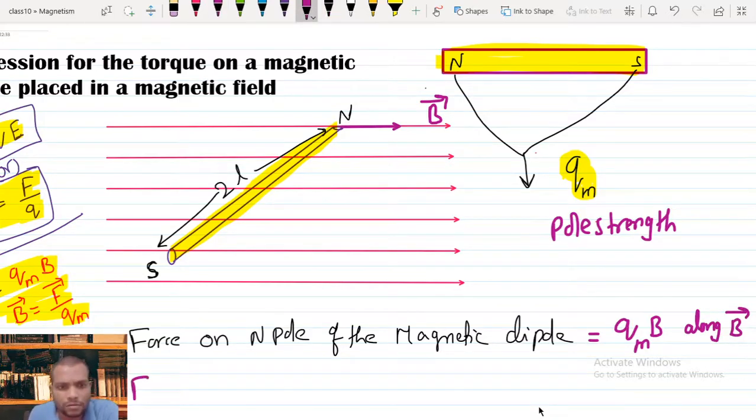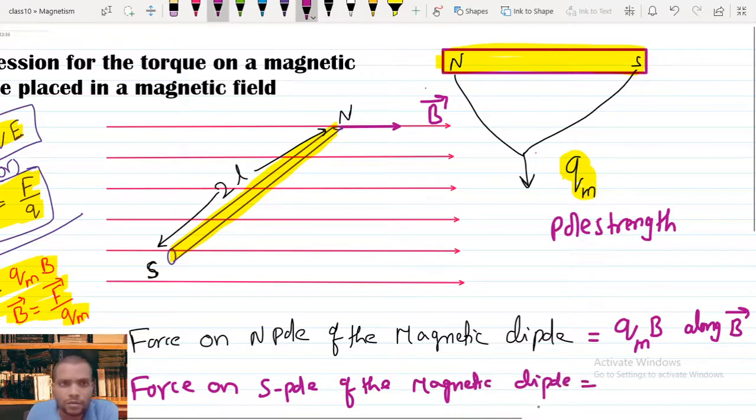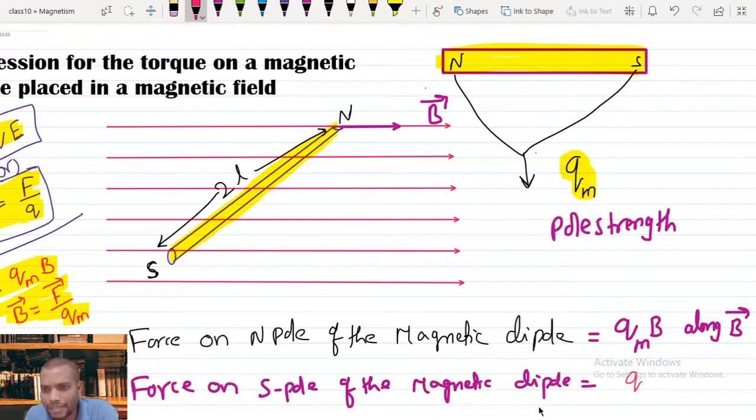Now, the other pole. The force on the south pole of the magnetic dipole equals, this time, the same pole strength times magnetic field B. But this time the direction changes, now along this direction, because magnetic poles experience opposite forces.